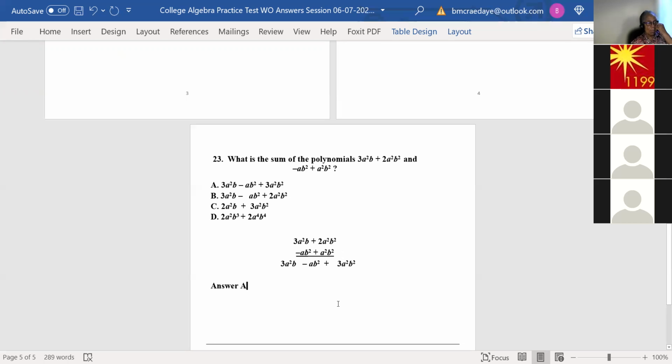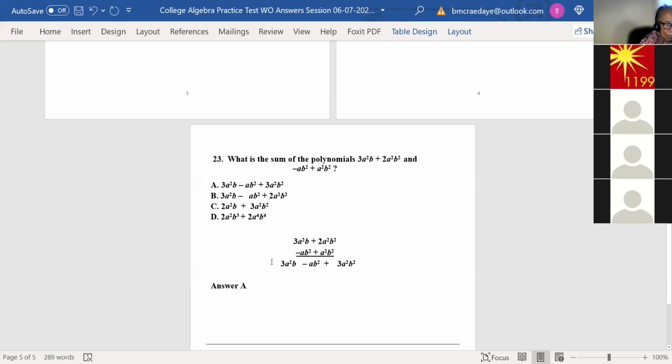And the other two terms are different. So we can't add or subtract those, because this is a squared b, this is minus ab squared, not the same. So those are the only two we could actually add up. Any questions? No. Okay, so that's another example of polynomials.